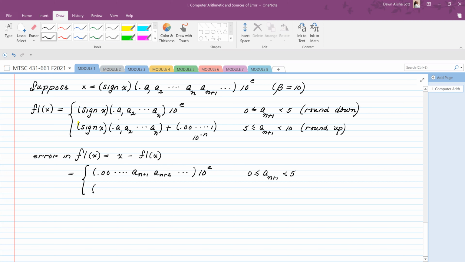But you're going to get just an plus 1, an plus 2, times 10 to the e minus n, because we're taking into account that last piece, 5 less than or equal to an plus 1 less than 10.